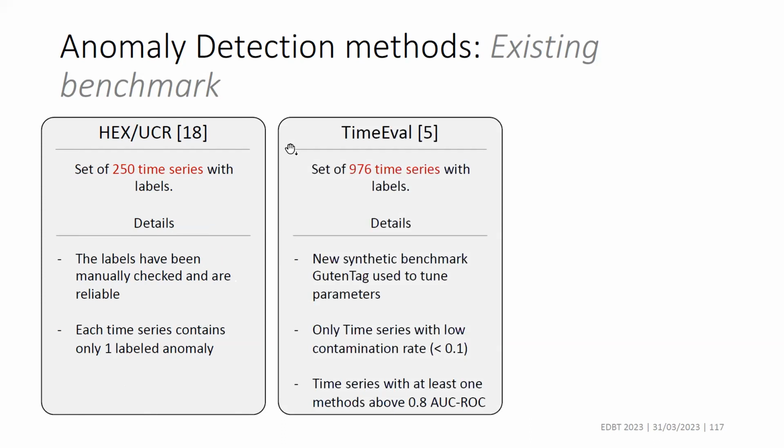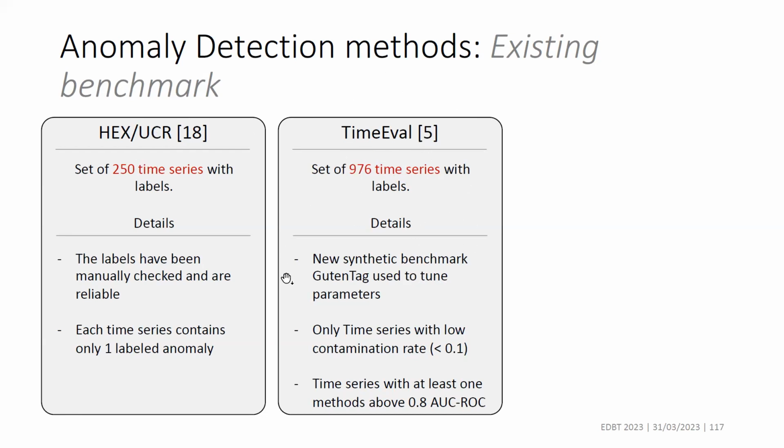Then the second one is the TimeEval benchmark. It is the benchmark proposed for the experimental evaluation by Philippe, Sebastian, and Thorsten from the Hasso Plattner Institute. They collected in total 976 time series, so significantly more.